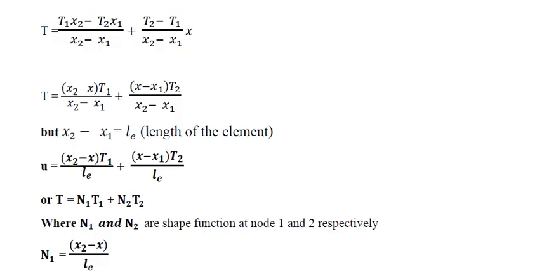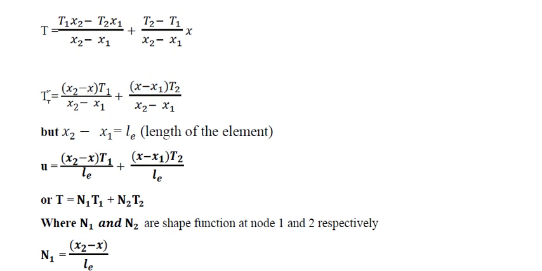So this is A naught plus A1 into x, that is the assumed expression. The denominator x2 minus x1 can be written as the length of the element. If we simplify this, T1 has the common term x2 minus x, and T2 has the common term x minus x1.